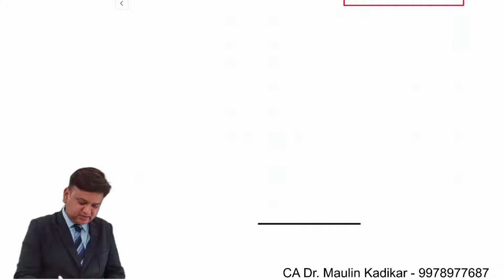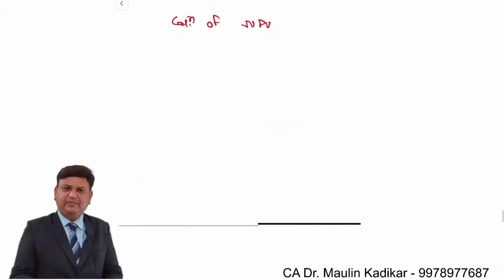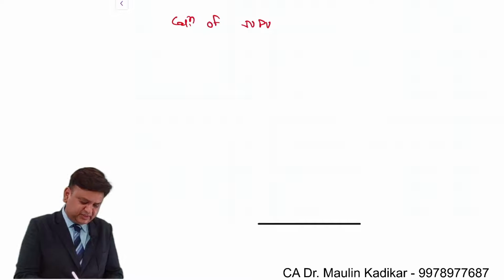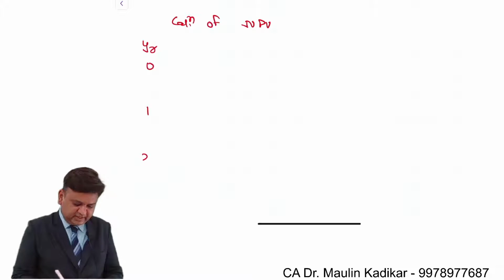And the last is working note number 4, the calculation of NPV. NPV calculation is extremely simple, friends. We understand that over here it is year 0, end of year 1 and end of year 2.